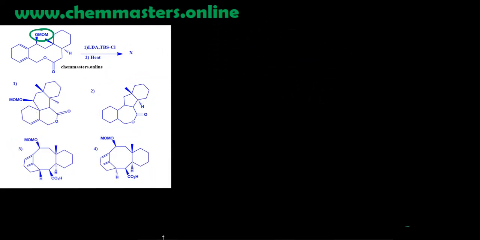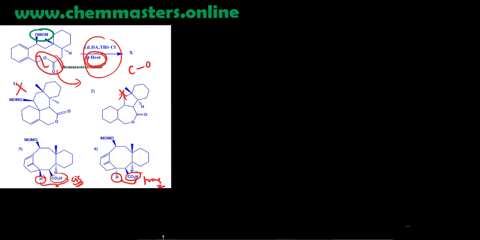In 3 we have a cis relation between the carboxylic acid functional group and hydrogen, whereas in 4 the relation between these two is trans. We can simply eliminate the first and second products because we are given heat here. Whenever the reactant is heated under the given reaction conditions, the heterolytic carbon oxygen bond of the ester functional group is going to cleave easily when compared with carbon carbon bonds.